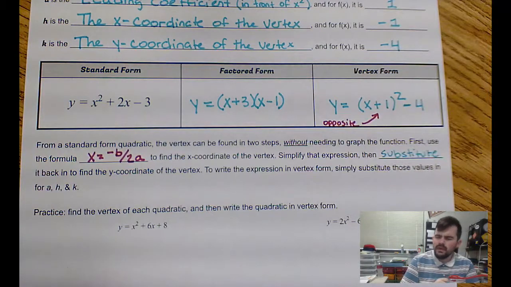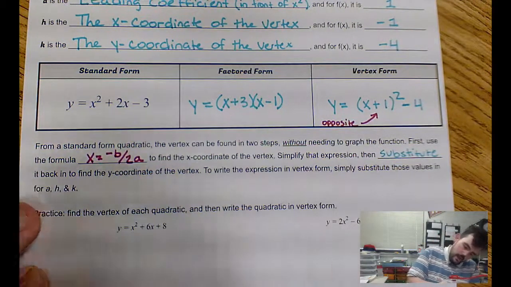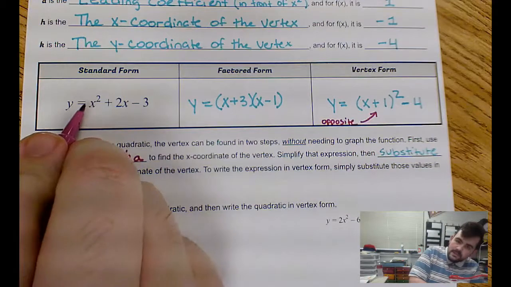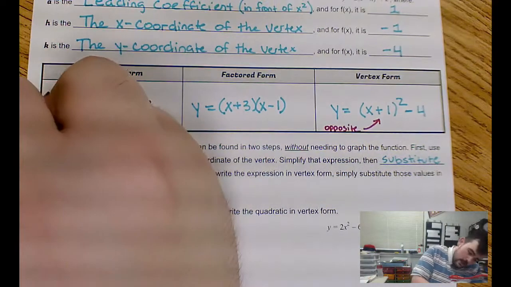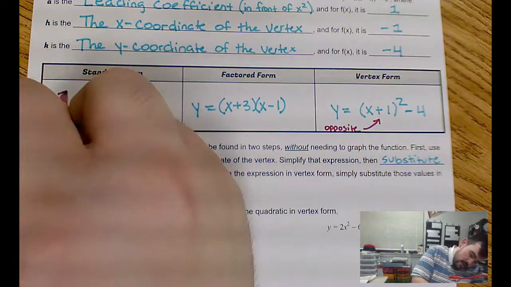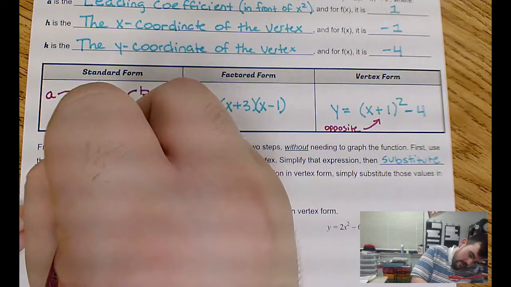So when you're thinking, oh wait, what do I mean by b and a from -b over 2a? I mean the coefficients here. Remember quadratics in standard form are like ax squared plus bx plus c. So a is the coefficient in front of x squared, and b is the coefficient in front of x.